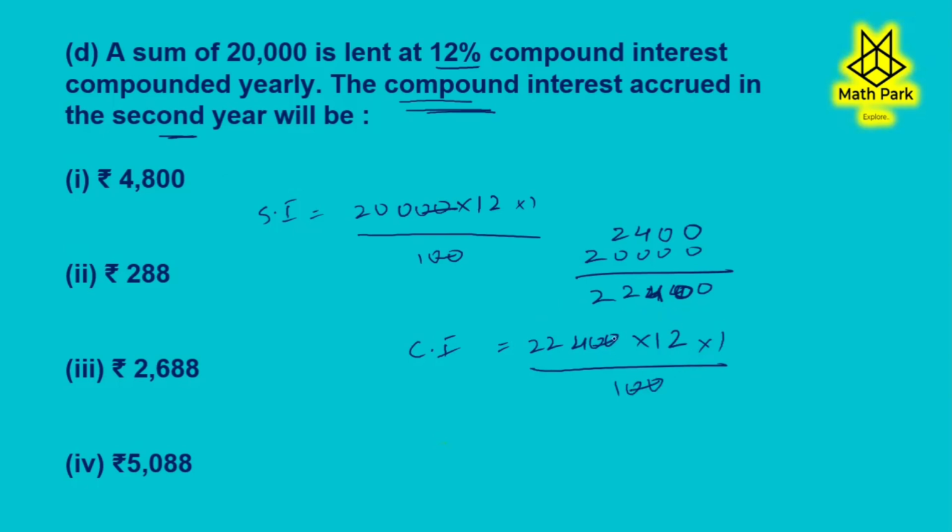So we get 224 into 12, which we get as 2688. So 2688 is the compound interest for the second year because they have asked only for the second year. So compound interest for the second year is rupees 2688. So option 3 is the correct option.